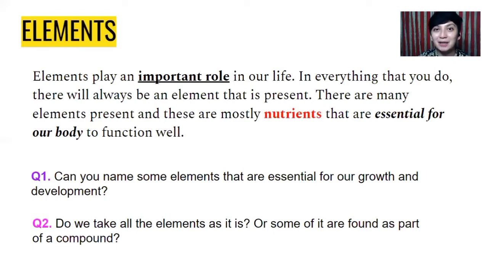Those elements are combined together to form a compound. That is why they are part of a compound already. Am I clear? So it is part of the food we eat, not just as a simple substance like oxygen or carbon, but some of the elements are incorporated with other elements already when we eat them, okay? So do not forget all about that.